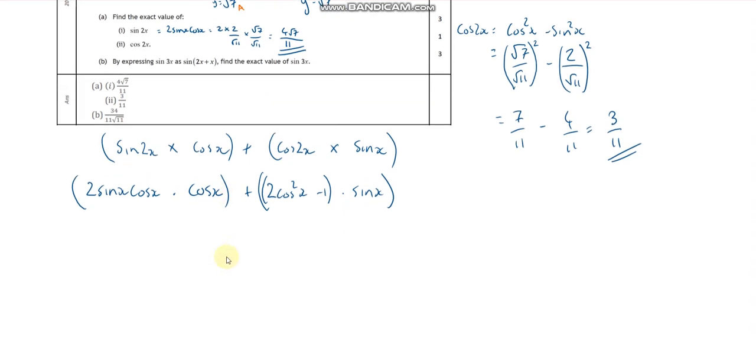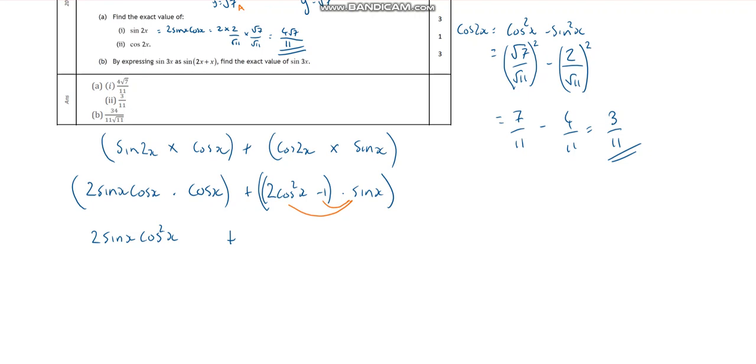So now let's try and factorize and substitute this and get it a wee bit smaller. So 2 sine x cos squared x is what this bit gives me. And if I break out the second bracket, if I'm doing this times this, so I need to do the 2 times that, and that times that.